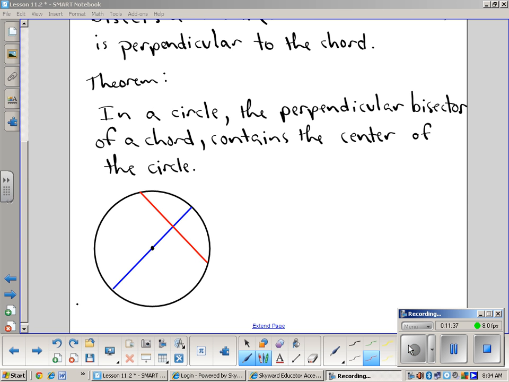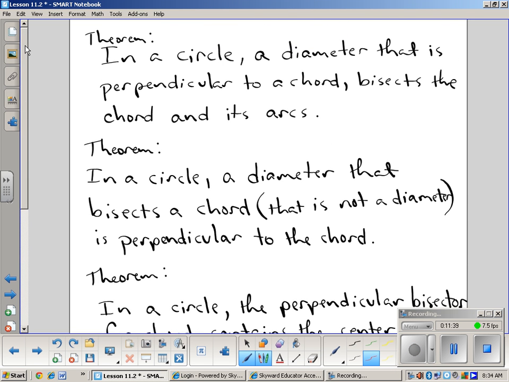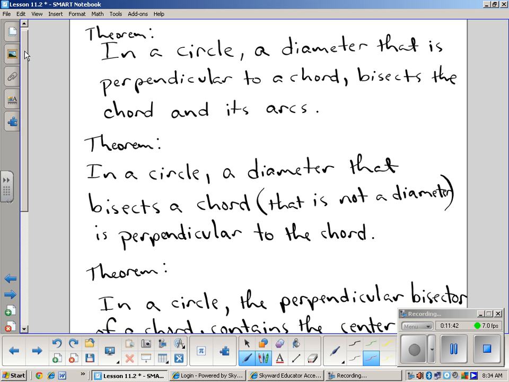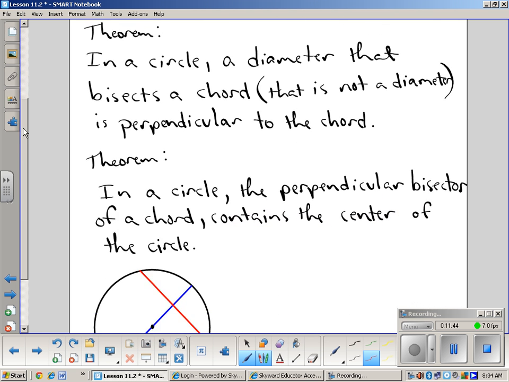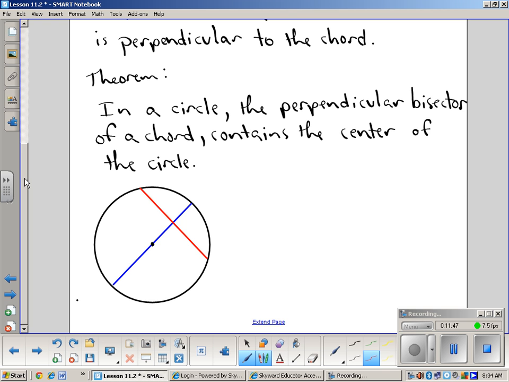So in the first one, I'll read it again. It says, in a circle, a diameter that is perpendicular to a chord bisects a chord and its arcs. So if we know this blue diameter is perpendicular to this red chord, then that means that it cuts that chord into 2 equal pieces, okay? And this arc that's created here is also cut into 2 equal pieces, okay?